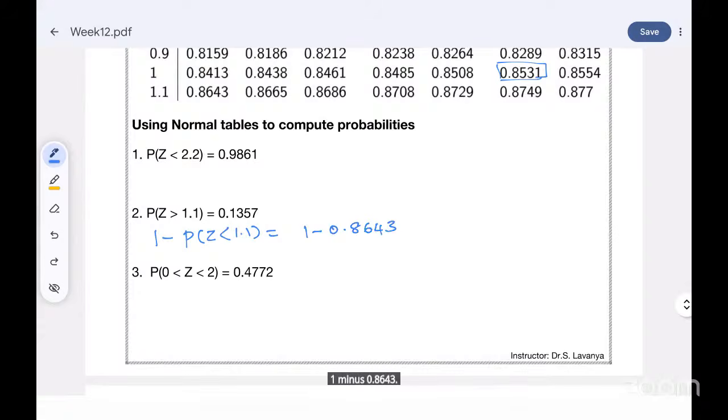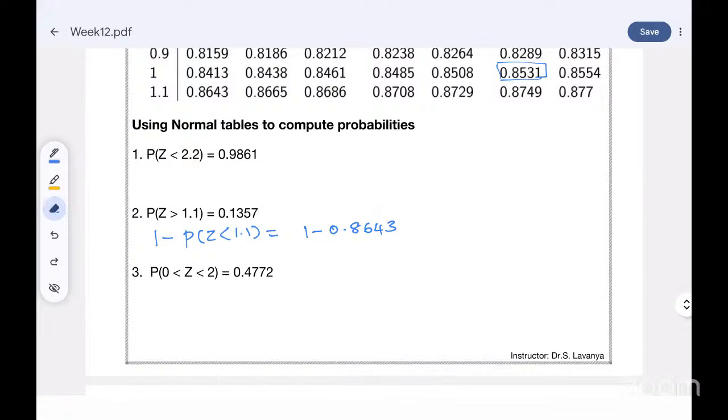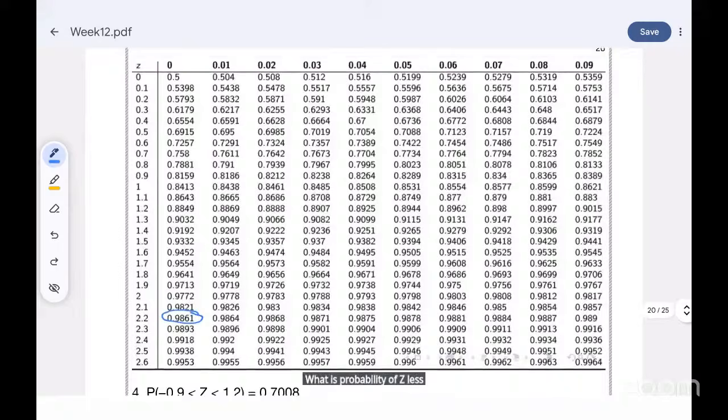If you calculate, you should get the above answer. Please check whether you are getting the above answer. Okay. For the next part, probability of z less than 2 minus probability of z less than 0. What is probability of z less than 2?